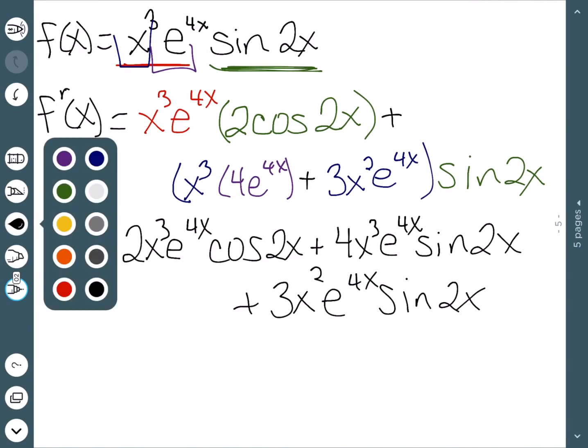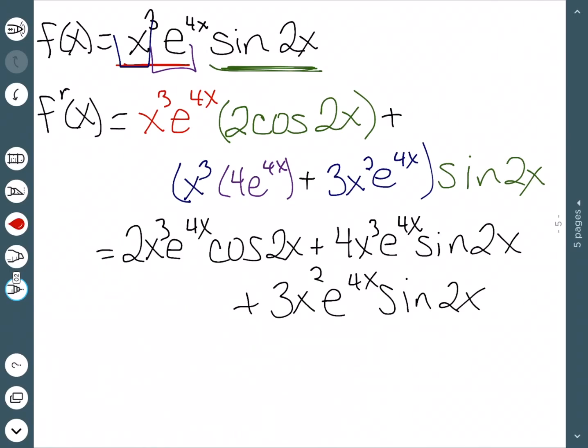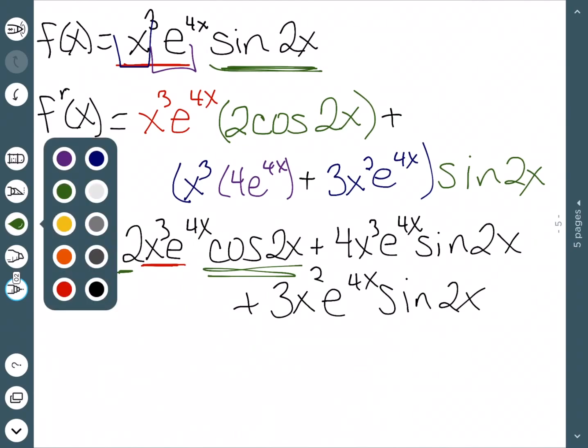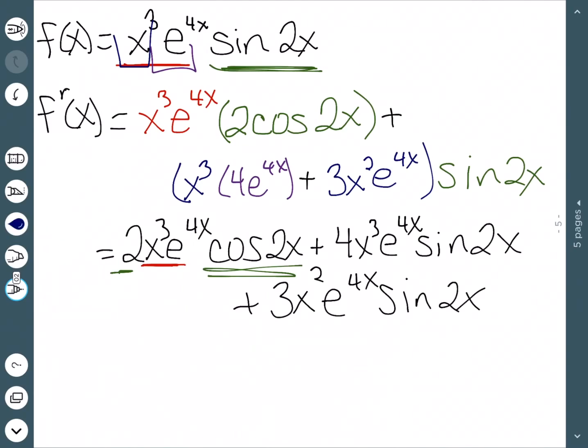You'll notice in this first function, we have the original, what we called the first function, times the derivative of sine. In my next one, I have an x cubed and a sine of 2x, and then I have the derivative of e.